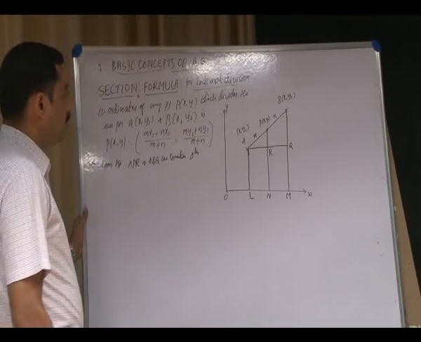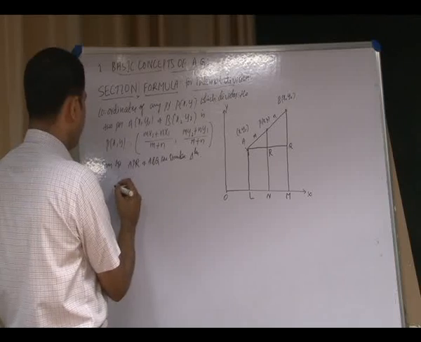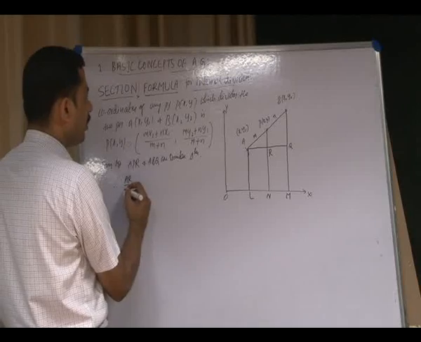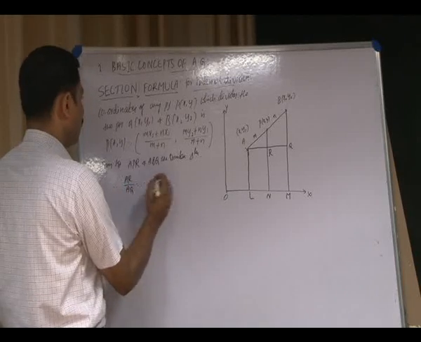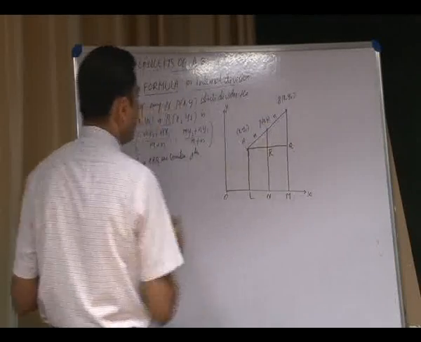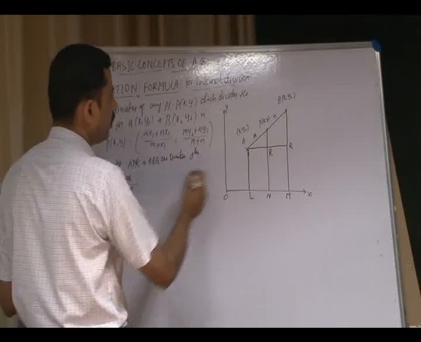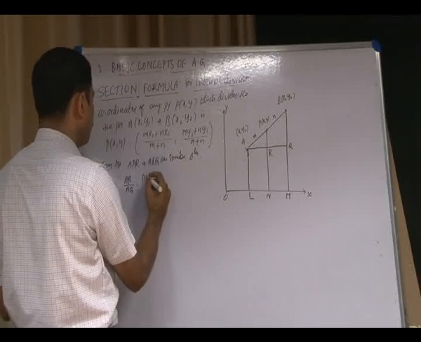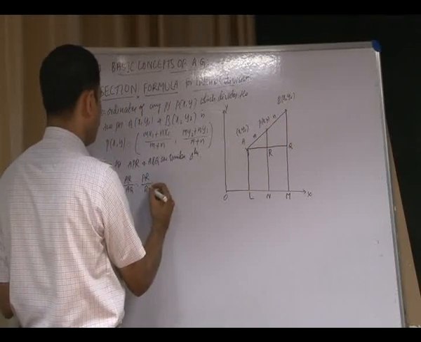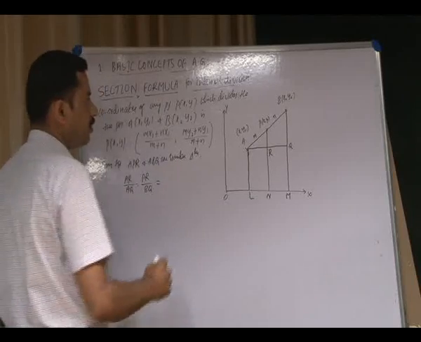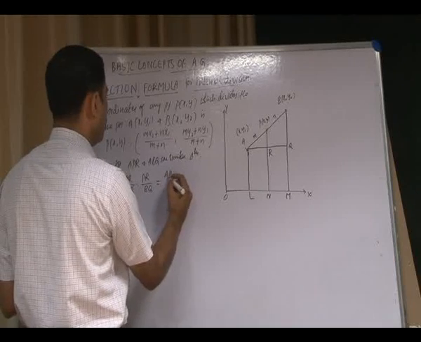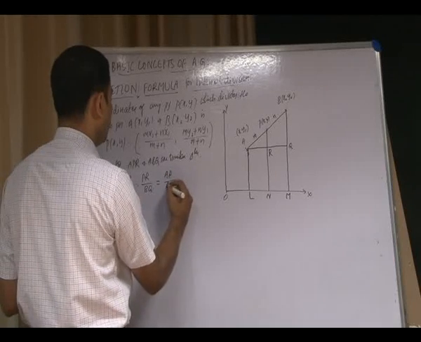Then you can consider the ratios as equal. Therefore, we can write the equation as AR divided by AQ, the base of one triangle and the base of the second triangle, AR divided by AQ is equal to PR divided by BQ, and that is equal to the other sides, AP divided by AB.